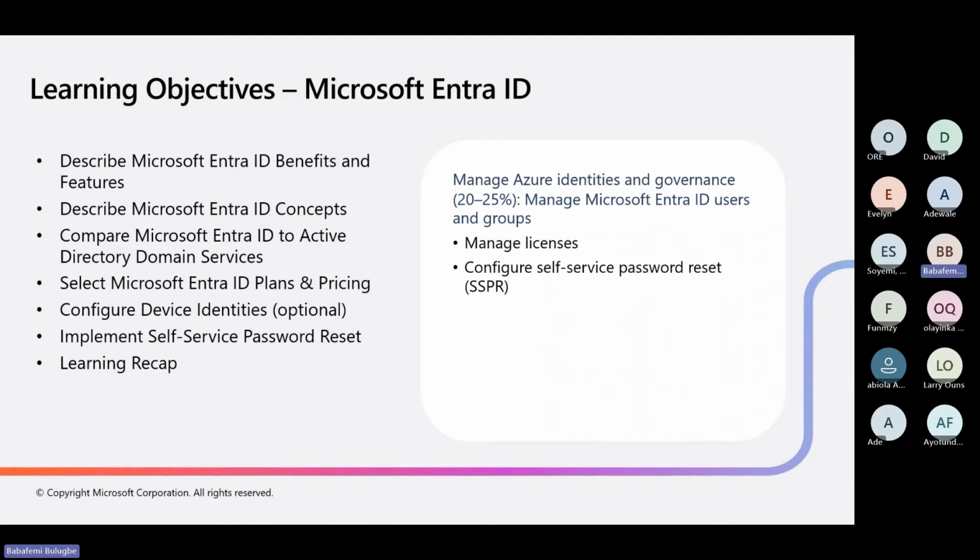You can see 20 to 25%. What will be tested is how to manage devices, licenses, and self-service password reset, and how to manage Entra ID users and groups. Those are some of the things you'll be tested on in this identity module.